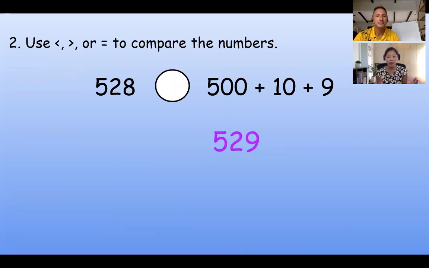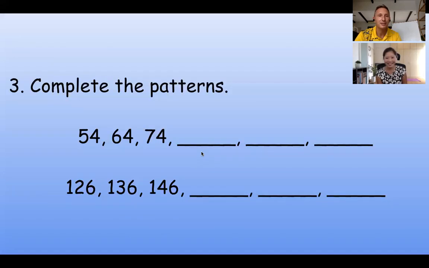So I had to compare 528 and 529. And if you can click, Mr. Regan, I knew 529 would be one more than 528. So my sentence would say 528 is less than 500 plus 10 plus 9. All right, check your work with that, boys and girls, and let's look at the next one.